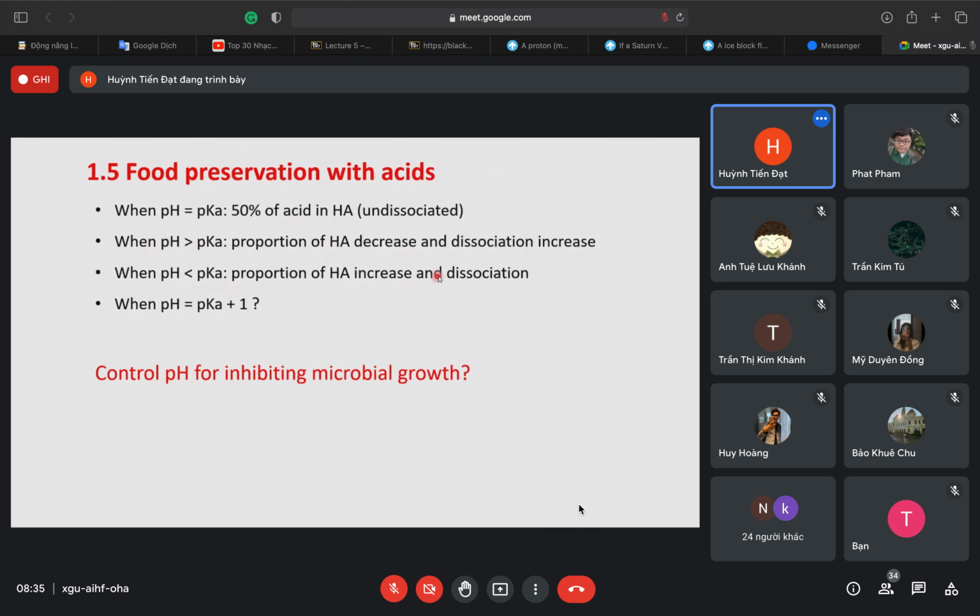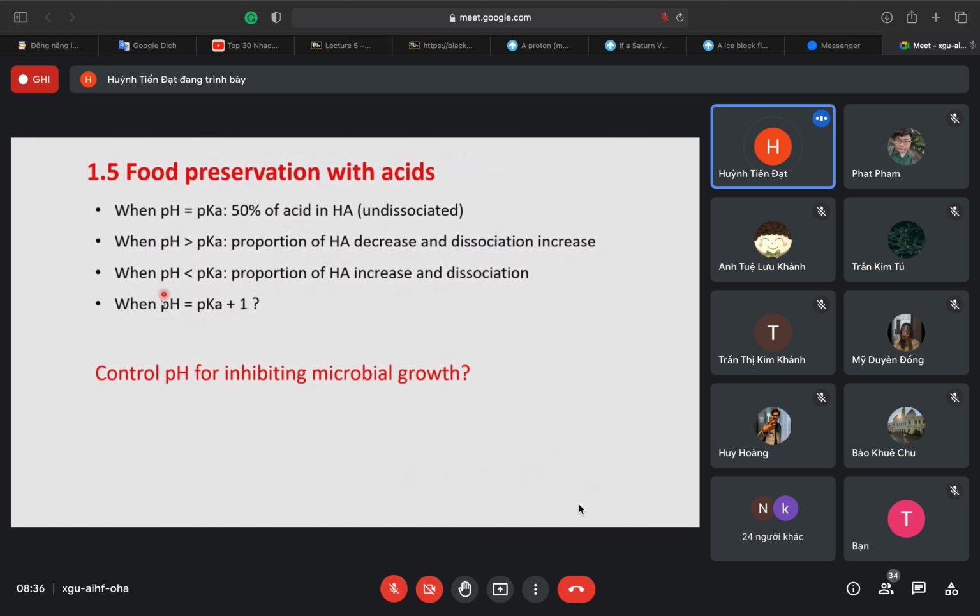Does dissociation increase or decrease here? I think it increased. No, here, when the pH is less than the pKa, then it decreased, teacher. Yeah, this decreases.